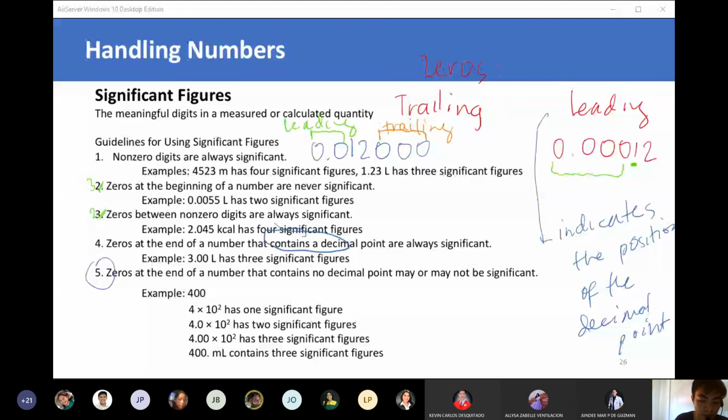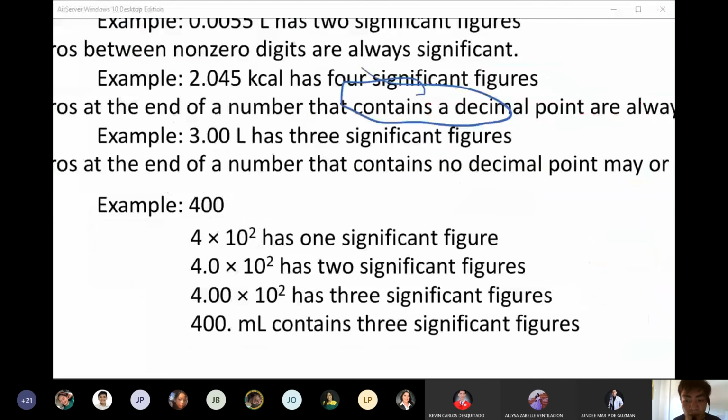For example, I have here 400. I can interpret that as 4 times 10 raised to 2, which contains 1 significant figure. What is the basis of significant figures for a scientific notation? We only look at the integer part, the front number, which contains 1 significant figure.